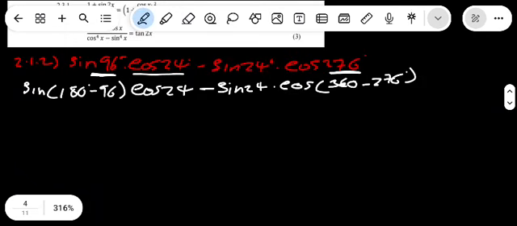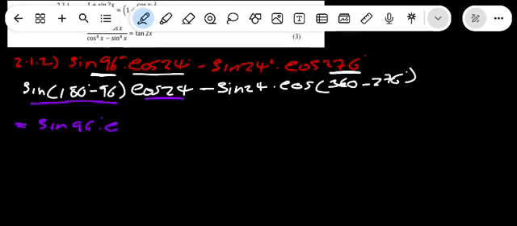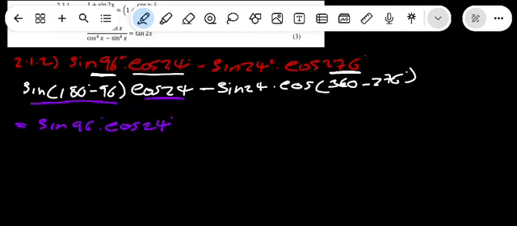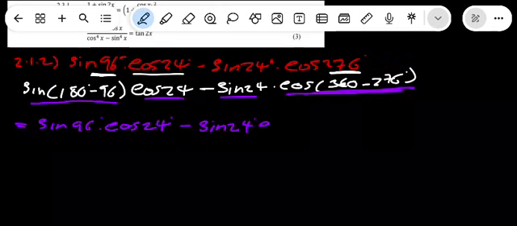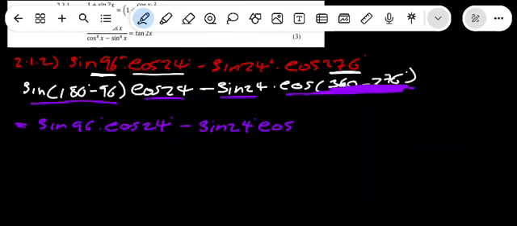So we know, guys, this will be the same as sine 96 degrees multiplied by cos 24 degrees minus sine 24 degrees multiplied by cos of this angle.